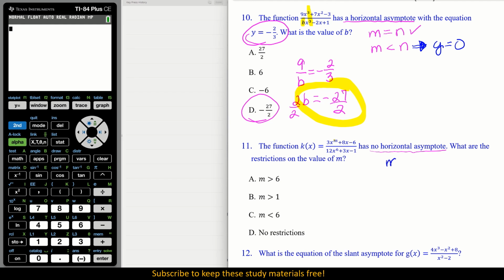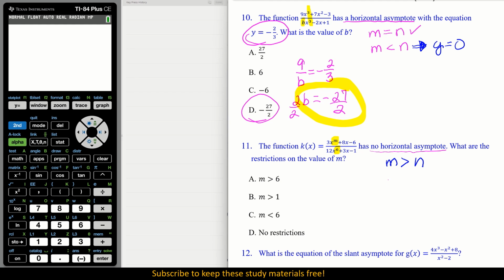We have m greater than n. Okay, so for us, our k of x, we're going to look at those leading exponents, and we have m, and our n is equal to 6.